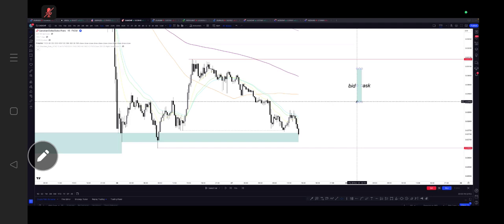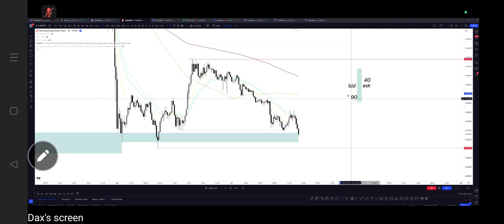It's usually basic maths. But now, let's assume we have 40 at the ask, and it's usually blue. 40 at the ask, and we have 90 at the bid. 90 minus 40, please.